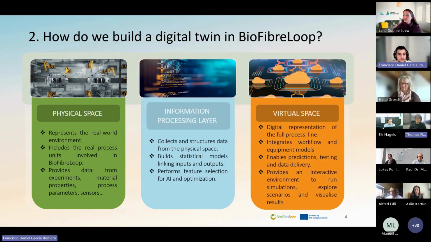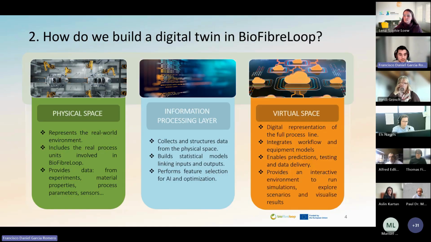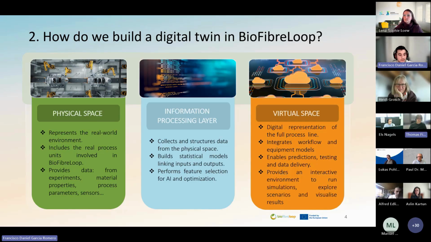So what are the concepts of the BioFibreLoop digital twin? There are three main parts. The first one is external to the digital twin. It's the physical space, which represents the real-world environment. It includes all the real units that are part of the process, and from them we can gather the data from the experiments that are performed in the units.